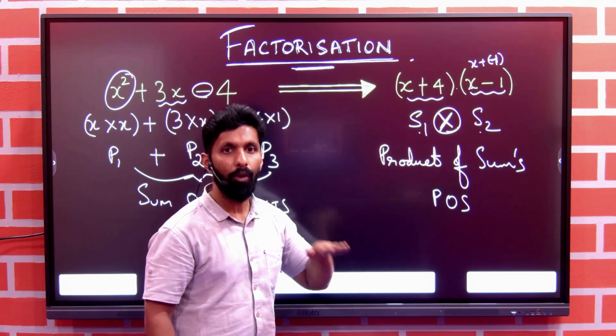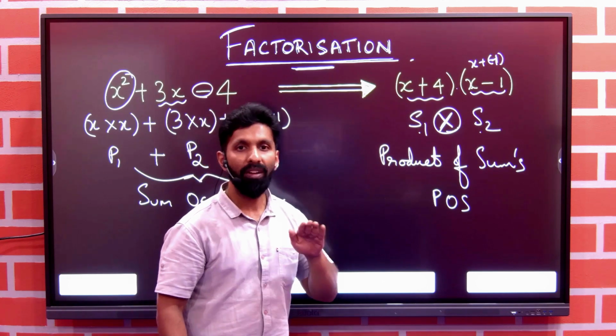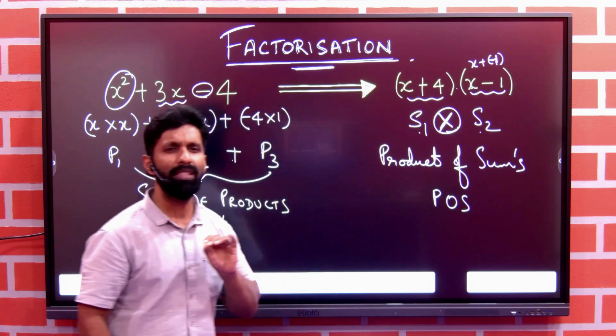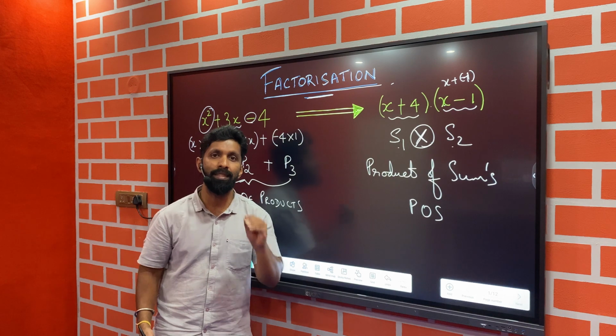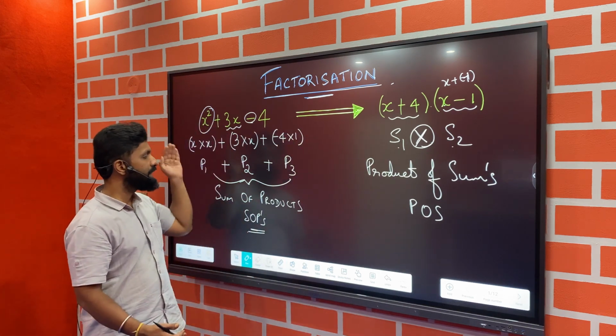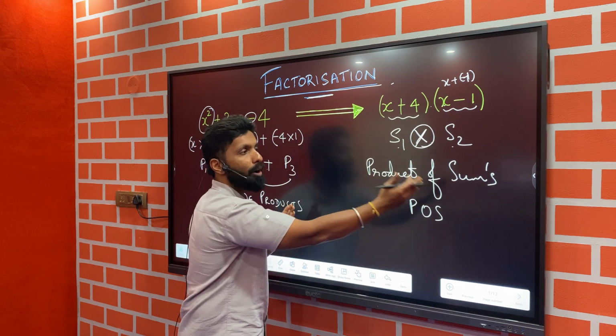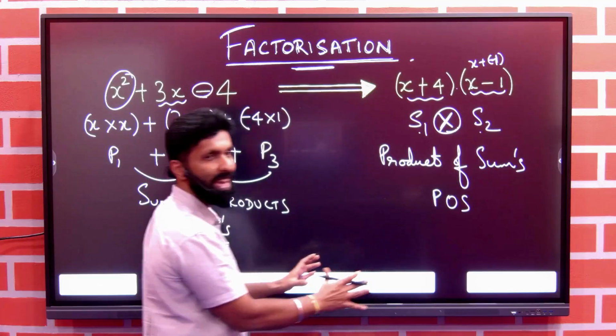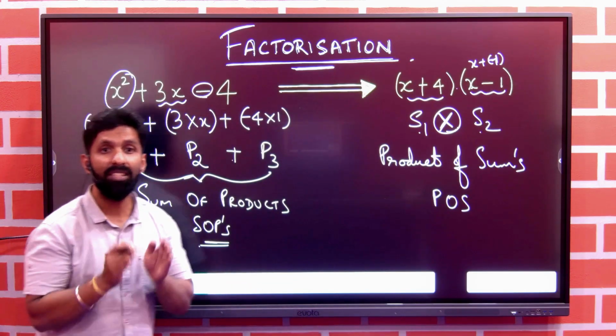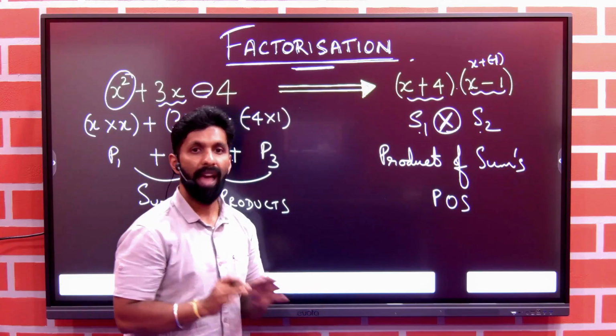As of now, what is required for us is the meaning of factorization. The simplest way of understanding factorization is: any expression given in the sum of products form, if it is getting converted to product of sums form, then we say that the expression has got factorized. As simple as that.